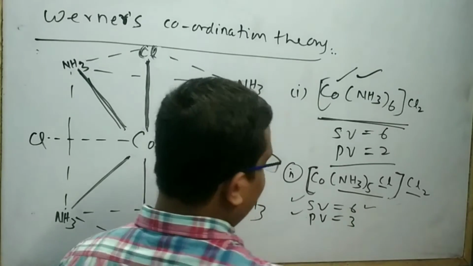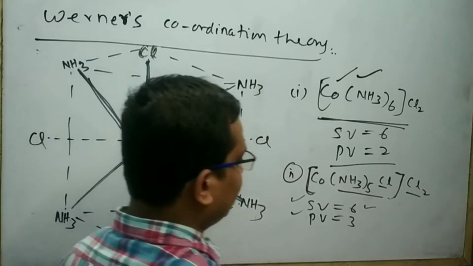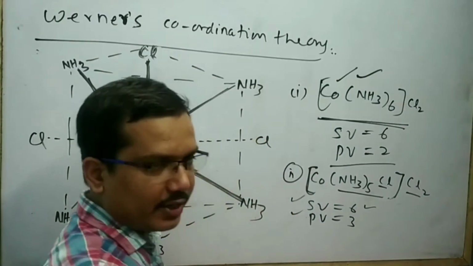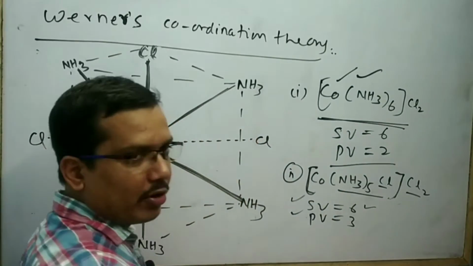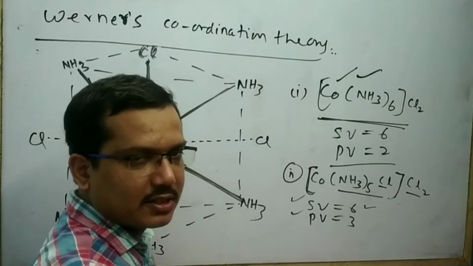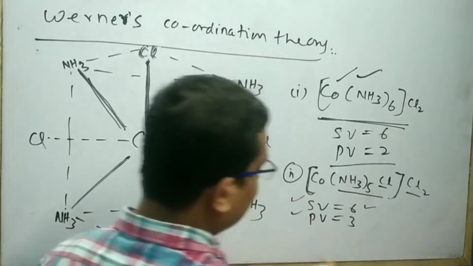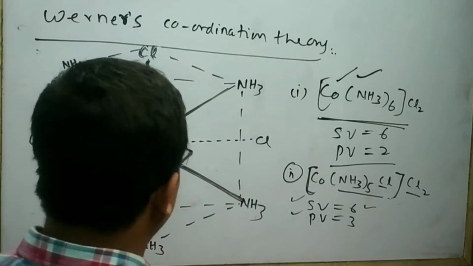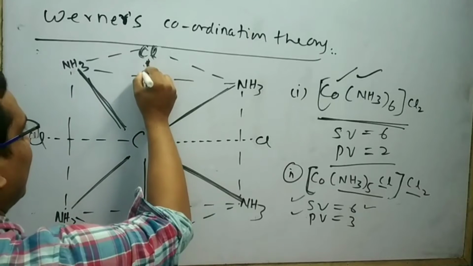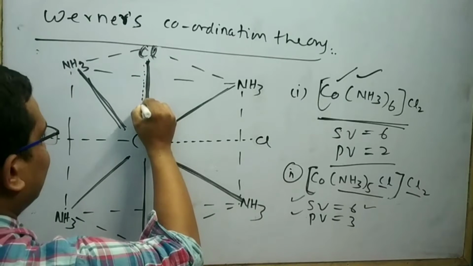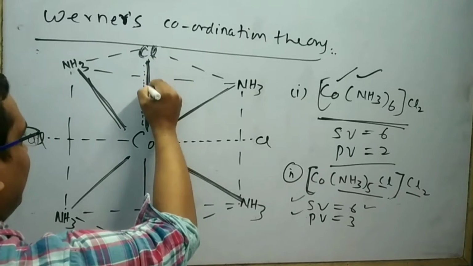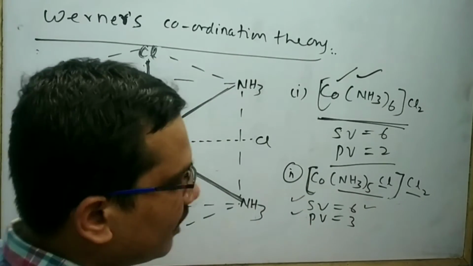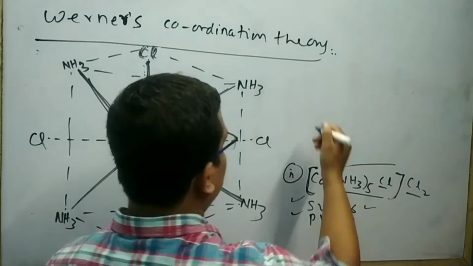Here chlorine plays 2 roles: one is a ligand, and the other is a negative ion. So chlorine contributes towards the secondary valency and also towards the primary valency. So it is necessary to give a dotted line here to represent the primary valency, and also a bold line to represent the secondary valency.